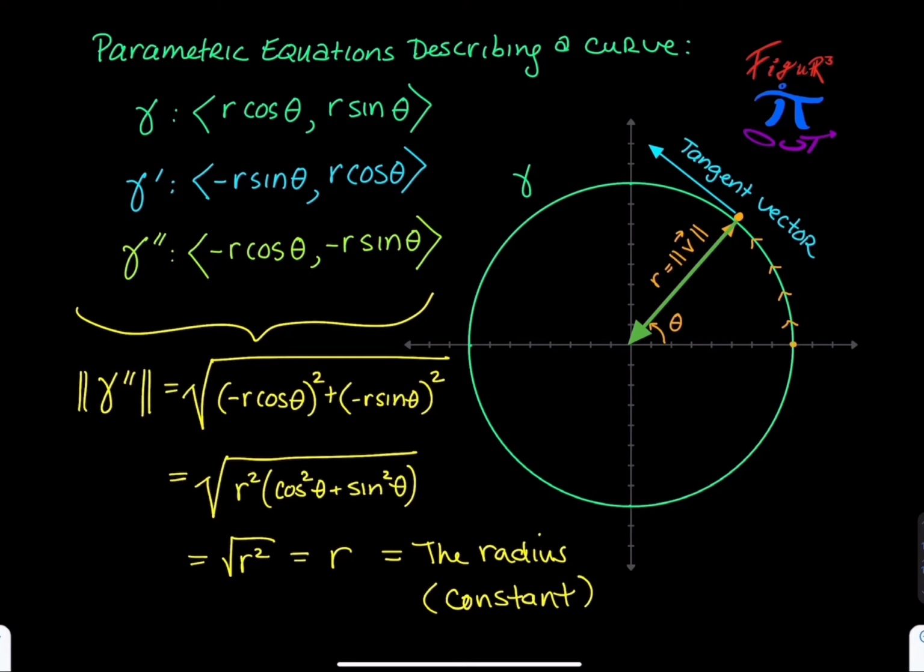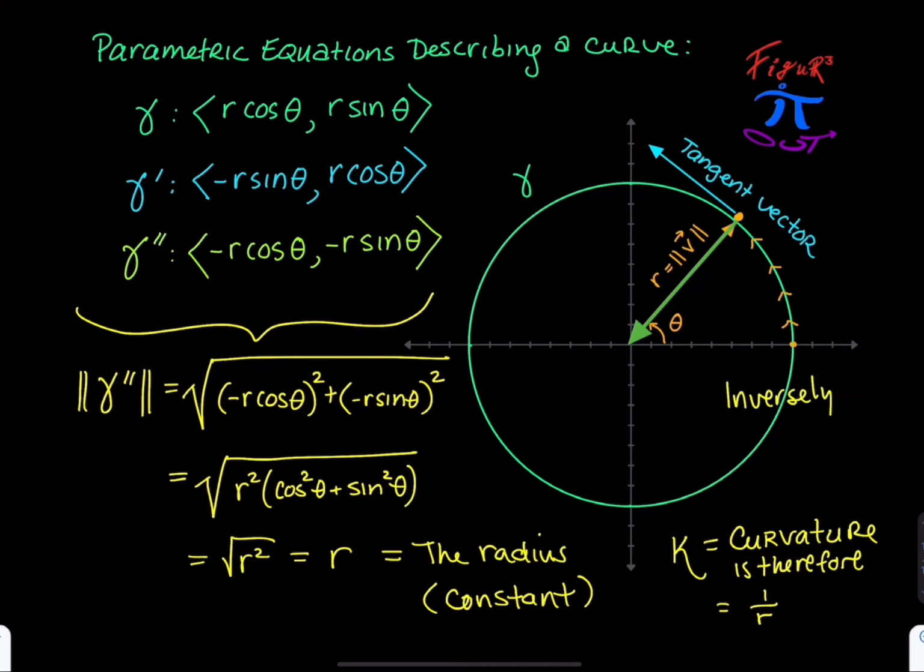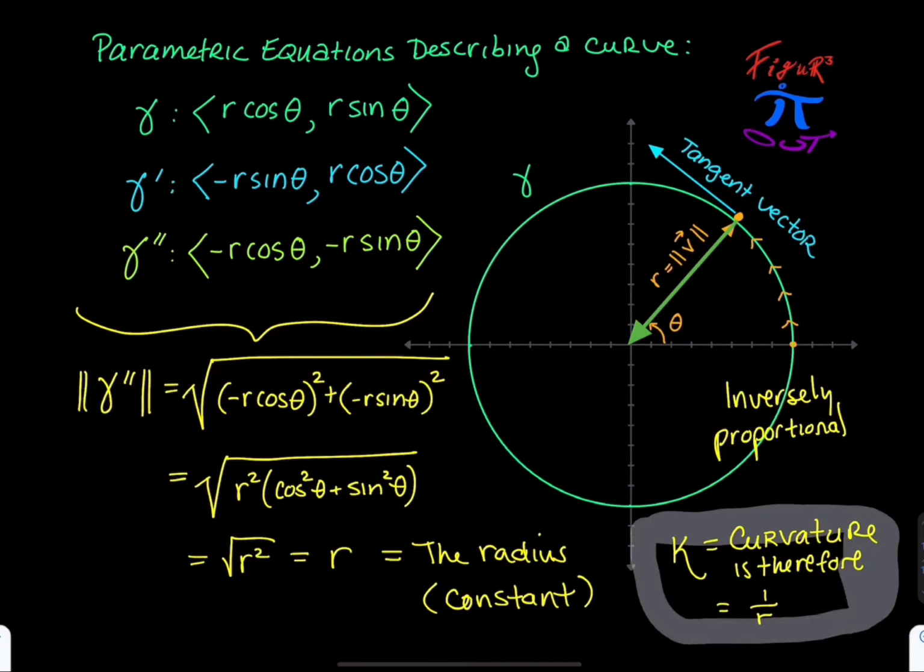But it's a constant, so that means the acceleration here is always constant. The curvature is always inversely proportional to the radius, so we would say that the curvature here is 1 over the radius, 1 over the length of that acceleration vector. And that's pretty heavy stuff.